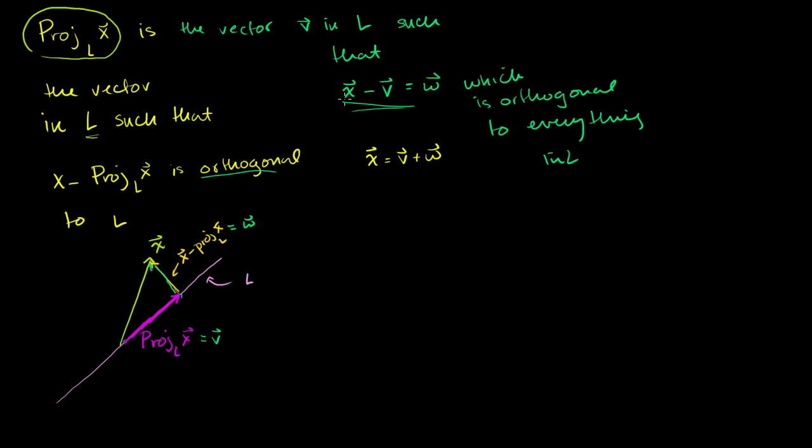So we could just say that the projection of x onto L is the unique vector v in L such that x is equal to v plus w, where w is a unique vector. I mean, it is going to be a unique vector in the orthogonal complement of L, right? This has got to be orthogonal to everything in L. So that's going to be a member of the orthogonal complement of L.